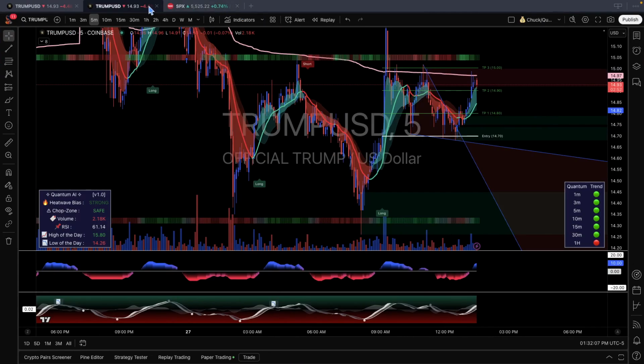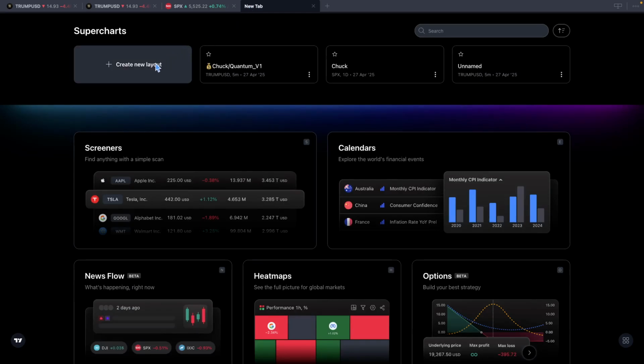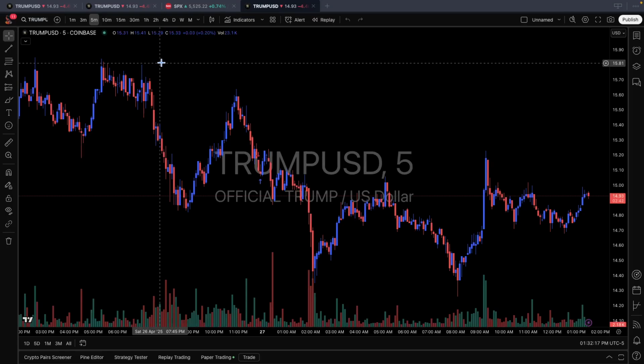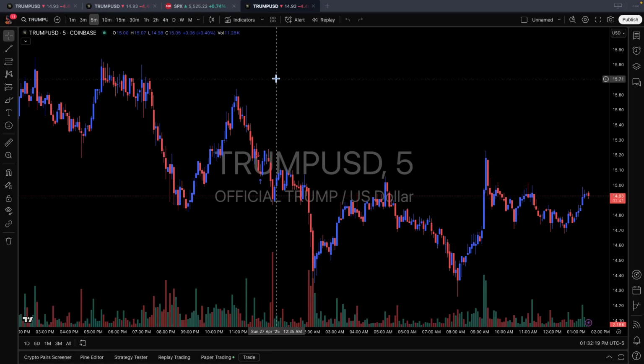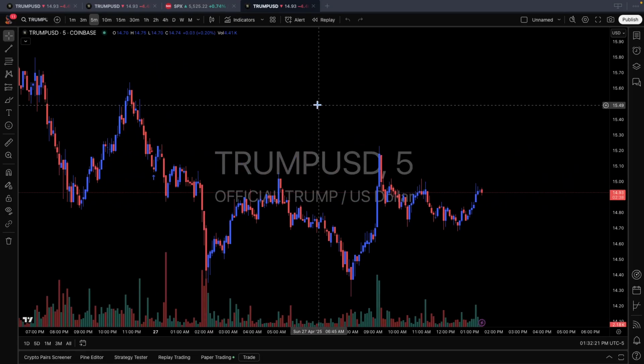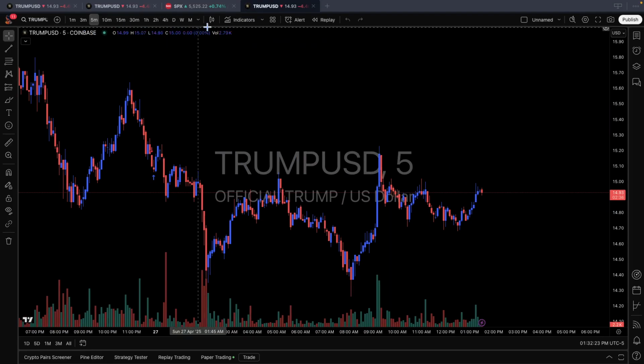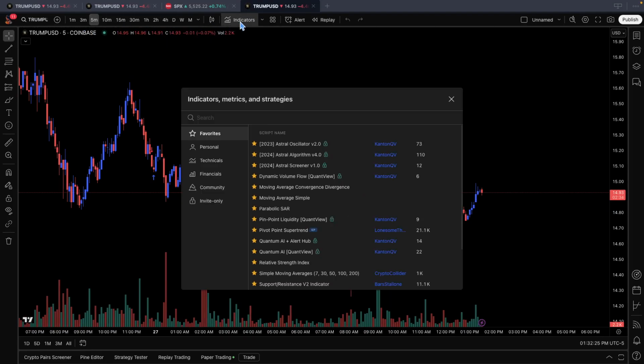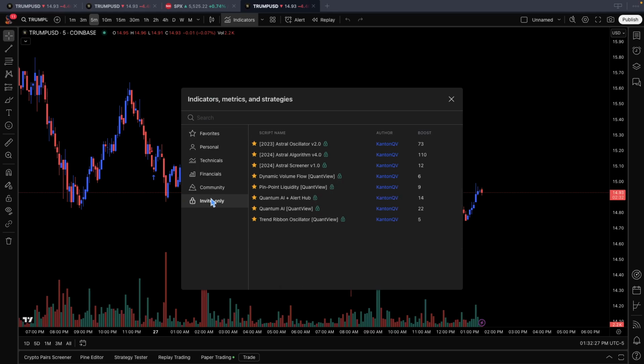We're going to open up a new tab. You're going to create whatever layout you want, right? It's automatically going to Trump coin because I'm looking at crypto because it's open right now. So anyways, you want your invite only indicators. Okay.